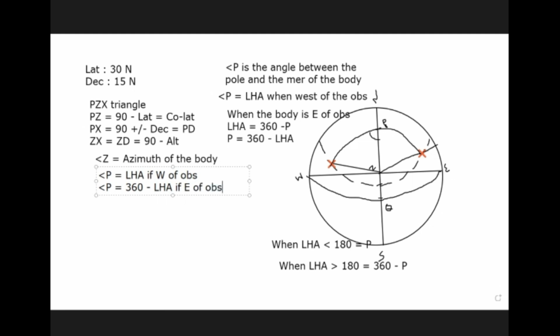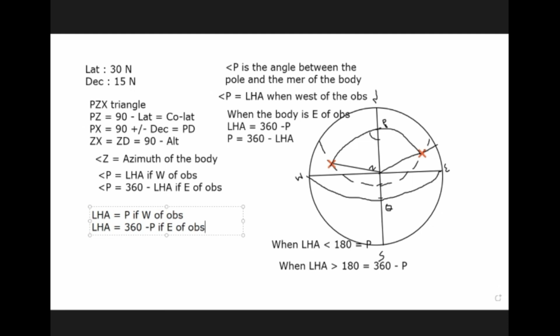I'm doing it once more because it is so important. Next class we'll be doing it, or today only we can start on that. We can also say that if you want to find out LHA from P, LHA is equal to P if west of observer, LHA is equal to 360 minus P if east of observer.